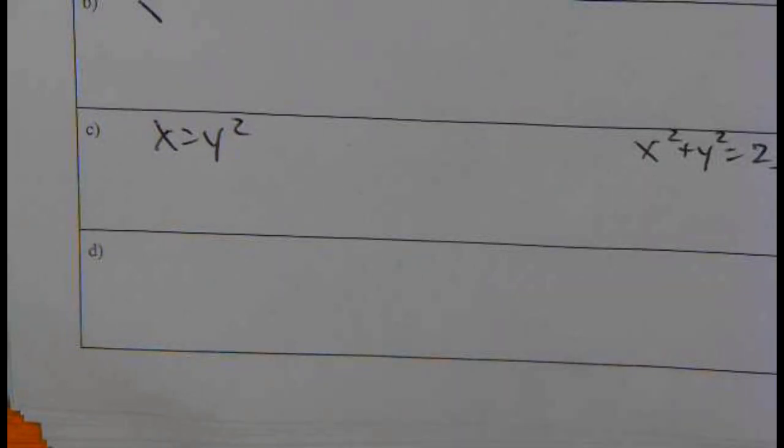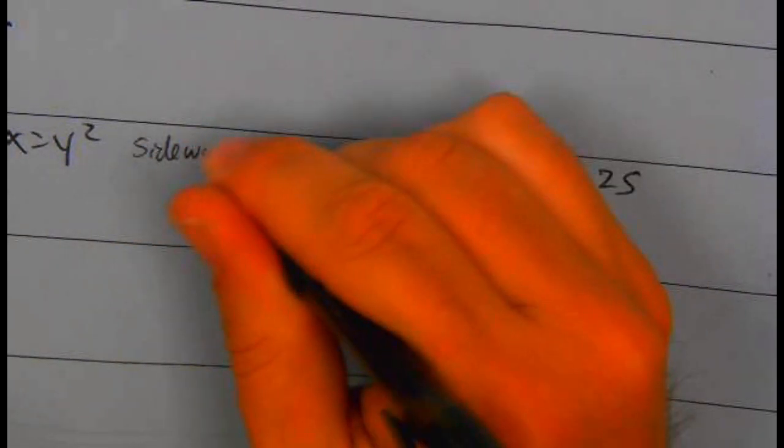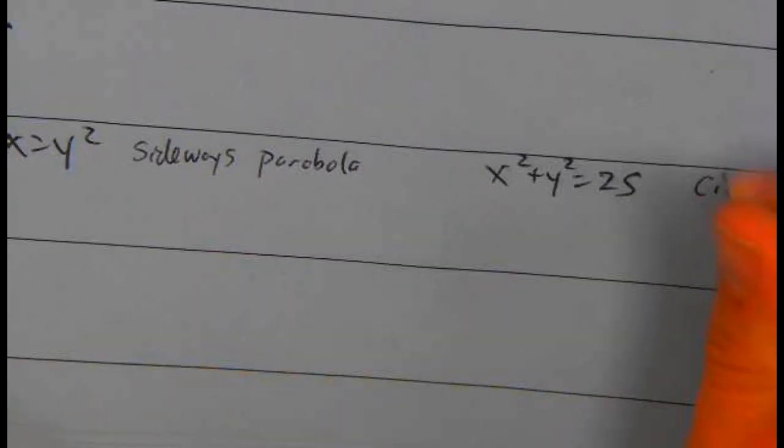C says describe x equals y squared and x squared plus y squared equals 25 completely. All right, well, sideways parabola, circle.